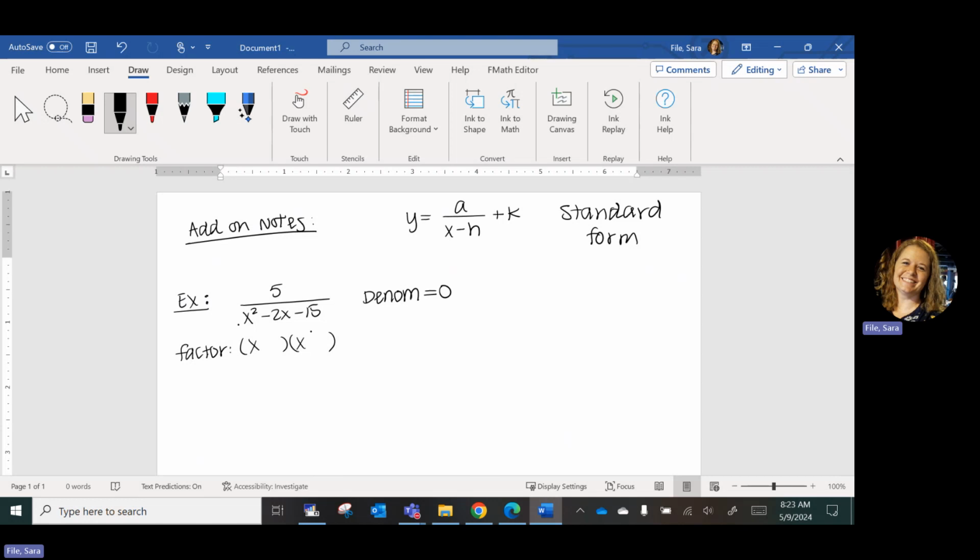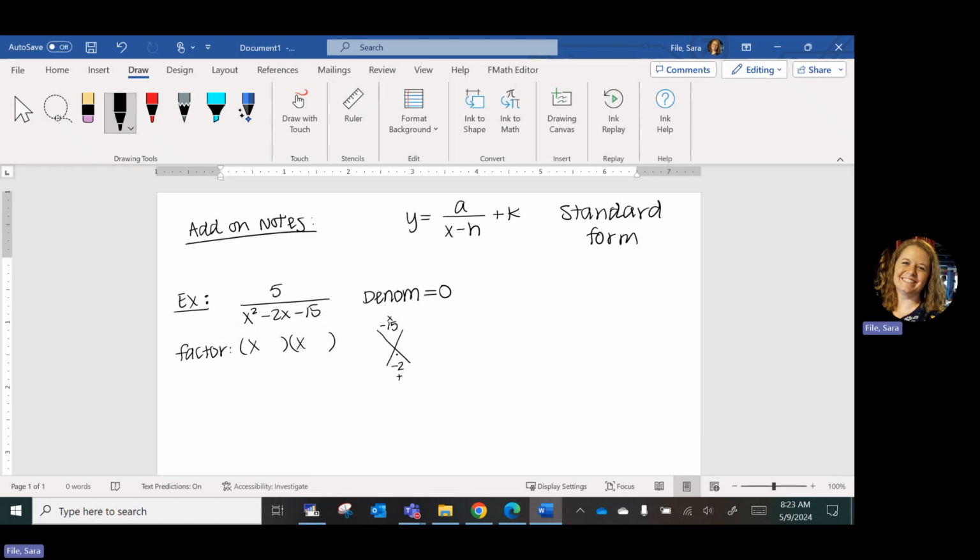Since the a value in front of the quadratic is an understood one, I just have to ask myself what multiplies to negative 15, but adds to negative 2. And if you need to do your little cross thing where you say multiplies to negative 15, but adds to negative 2 to help you organize, you can do that.